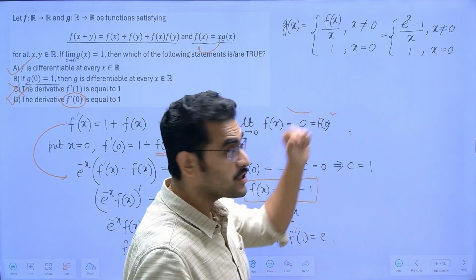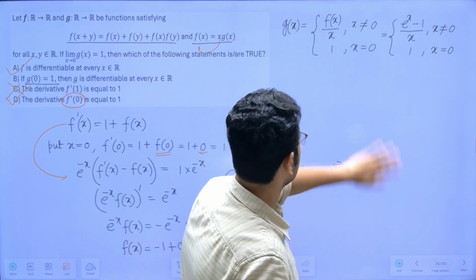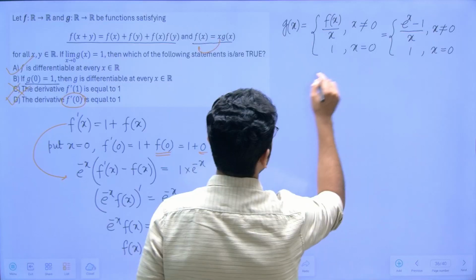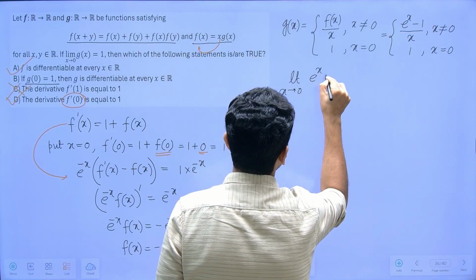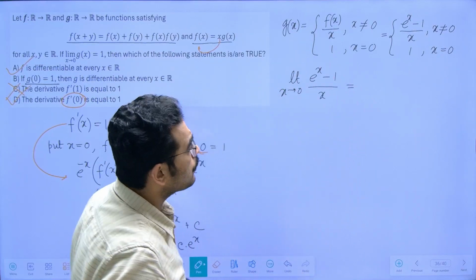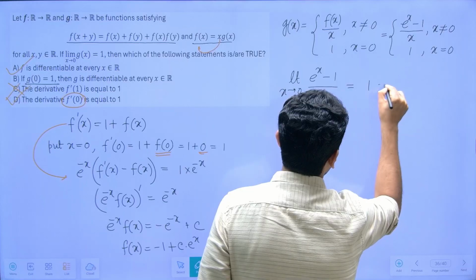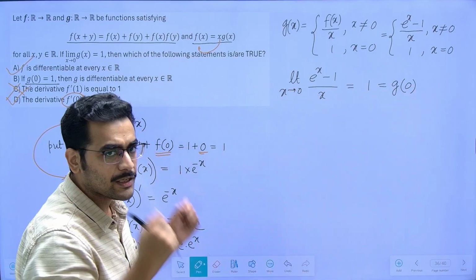First of all, let us test for continuity at x equal to 0. The limit as x tends to 0 of e to the power x minus 1 by x. We all know that this limit value is equal to 1, and that is equal to the function value g(0) equal to 1. So g(x) is continuous at x equal to 0.